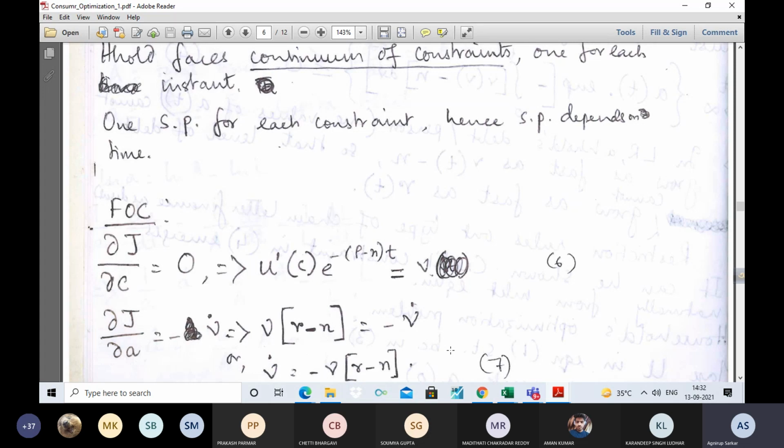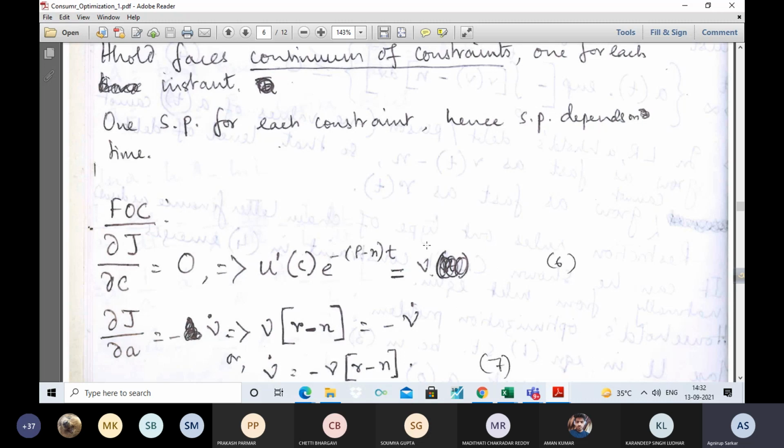So if you differentiate equation number 6 with respect to time, this is a very simple exercise, then you can substitute for nu from this equation.